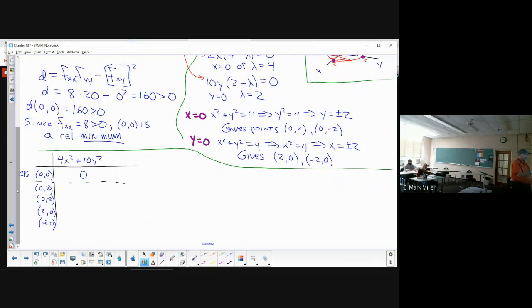So this is going to give us what? If we put 0, 2 into 4x squared plus 10y squared, this gives us 4 times 0 squared plus 10 times 2 squared equals 40. 0, minus 2: 4 times 0 squared plus 10 times minus 2 squared, also 40.